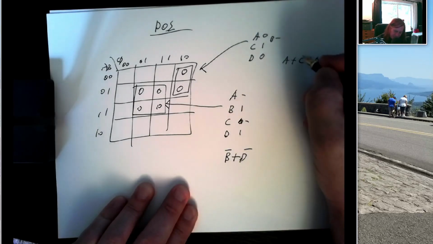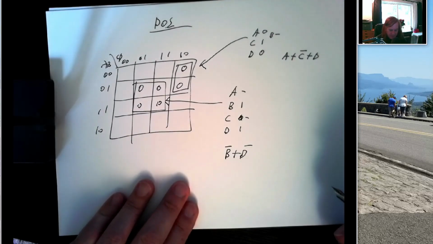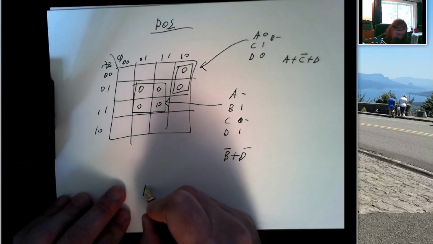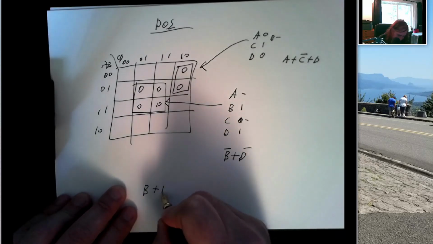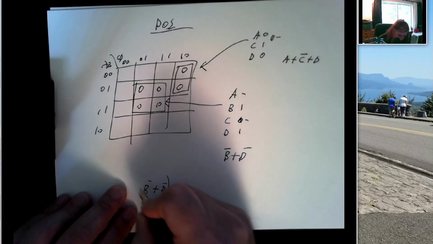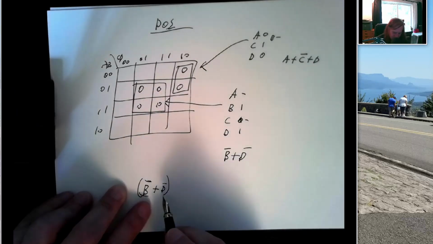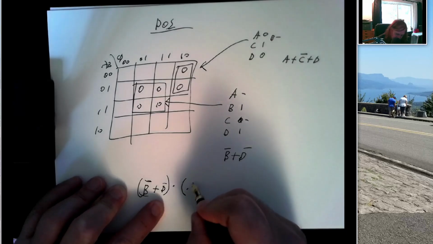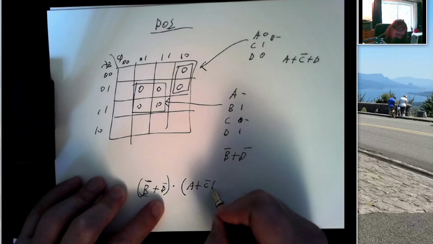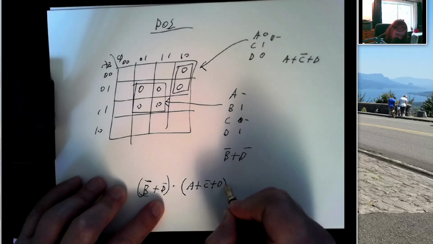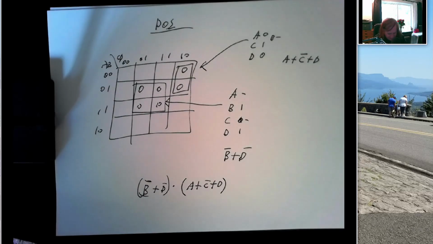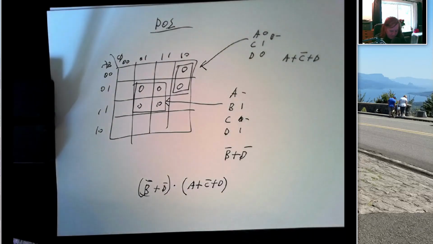If the variable is a 1, we complement it. And then our output expression would be the product of these sum terms. So we'd have B bar or D bar ANDed with this expression, A or C bar or D. And that would be a product of sums corresponding to the truth table that gave us this K-map.